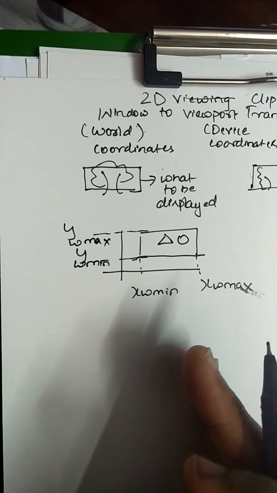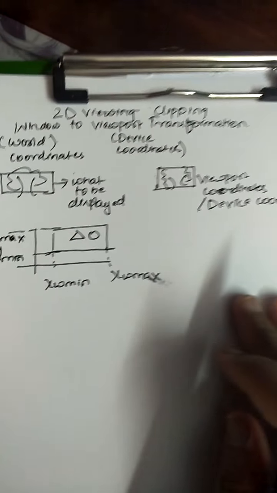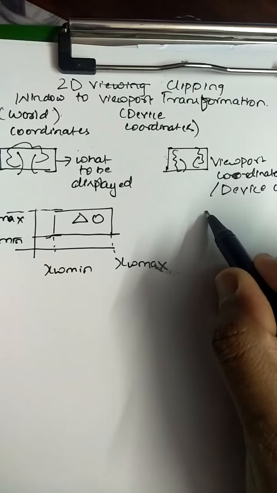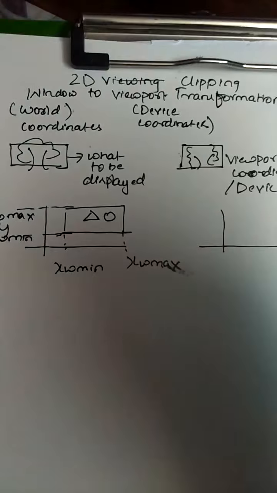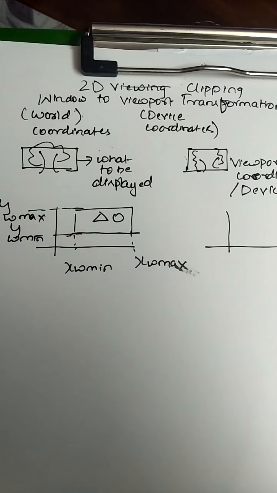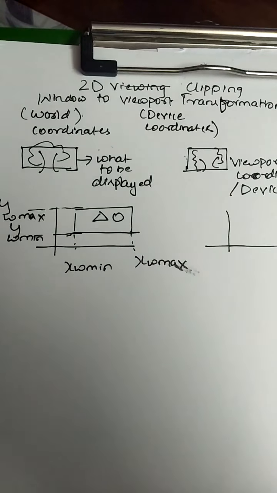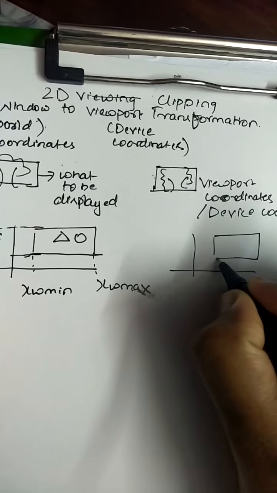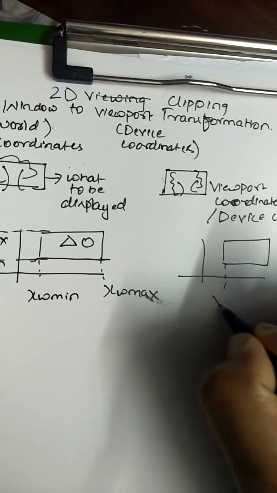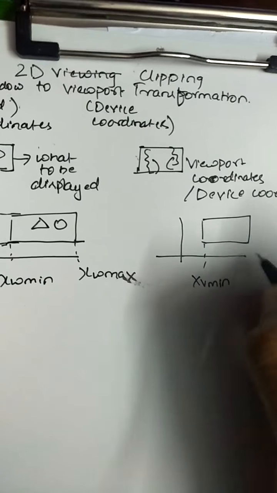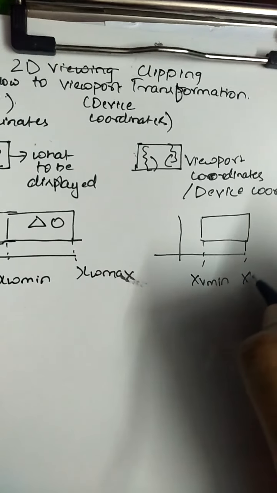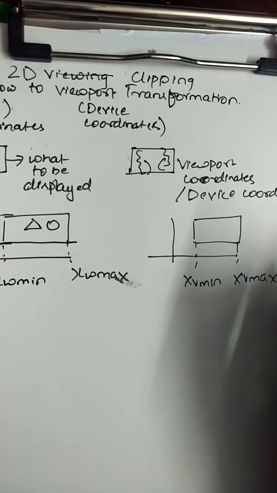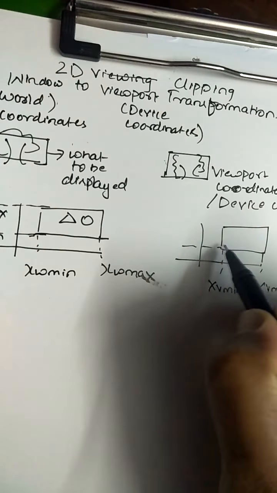When I display this with respect to device coordinates, what happens? The size of the object doesn't remain the same. It actually changes. With respect to the viewport, consider this as XV min and this as XV max, and this as YV min and this as YV max.